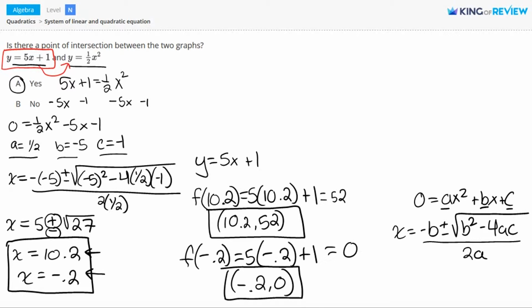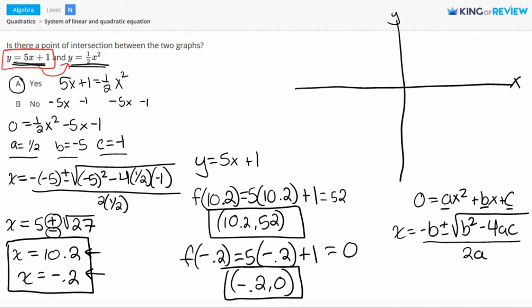Now you could also solve this problem by graphing both of these equations. You could use your graphing calculator and then see where they intersect, and count the number of intersections. I'm going to plot these by hand so that we can get a visual of what they look like. So we have our x-axis and our y-axis here.